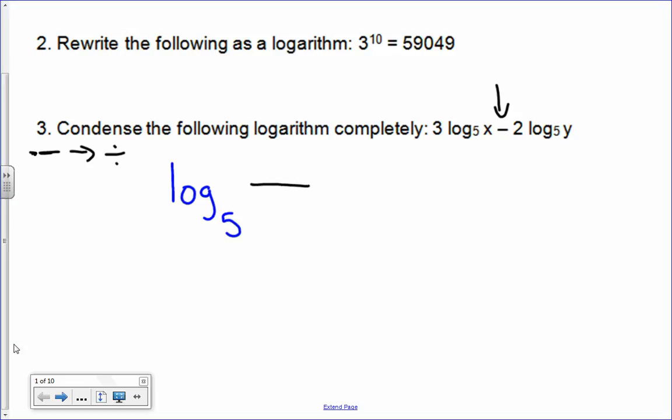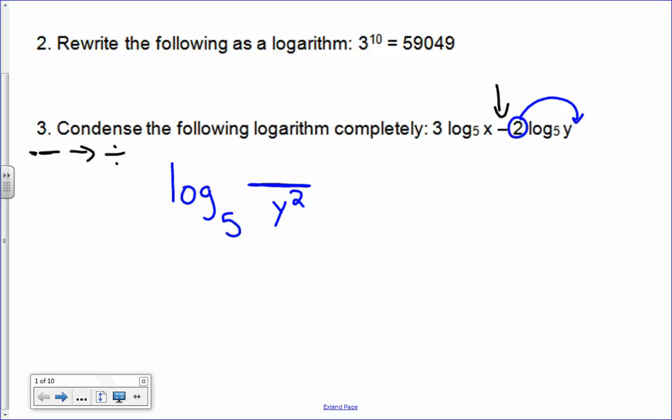Fraction means division. On the bottom is everything on this side of the minus sign. So over here we have a y. Now, that log also has a number in front, so that 2 was the exponent on that y. So we should have y squared at the bottom.